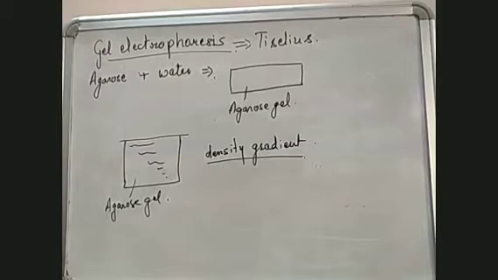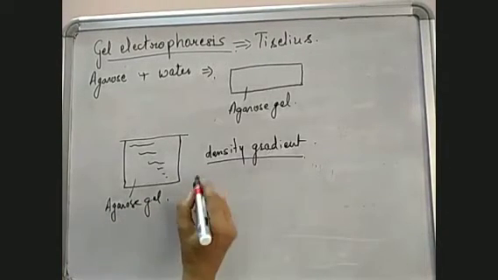Now, in this case, electricity is also used, and that electrophoresis, how that is done. For that, there is a term which is known as isoelectric point.